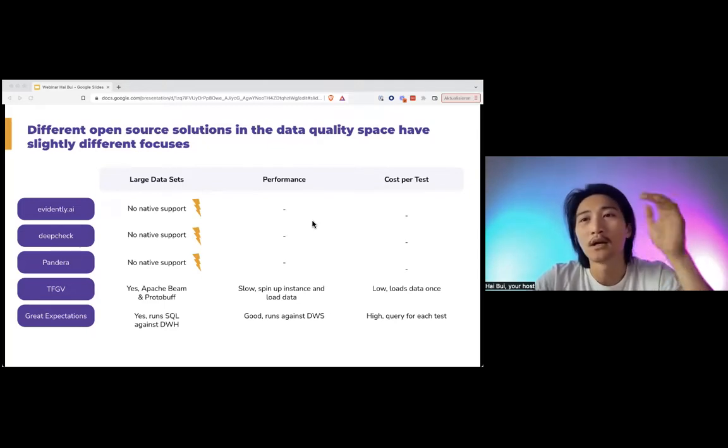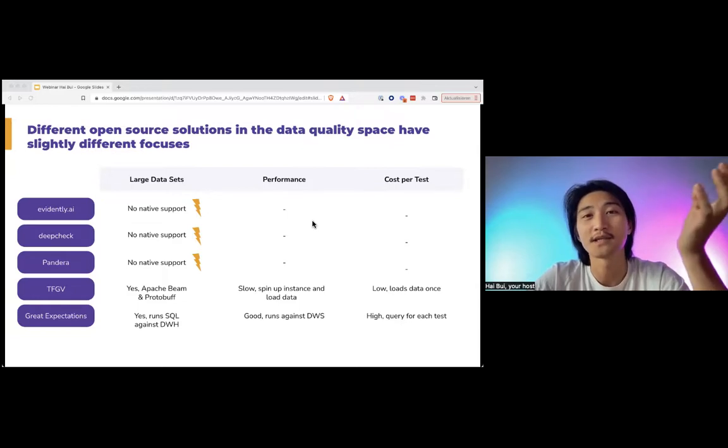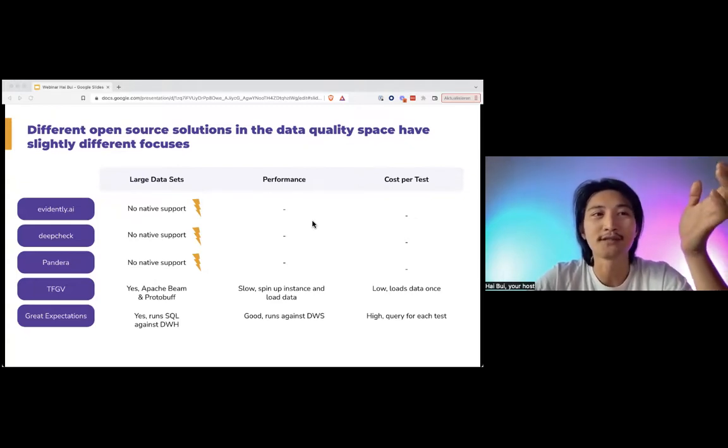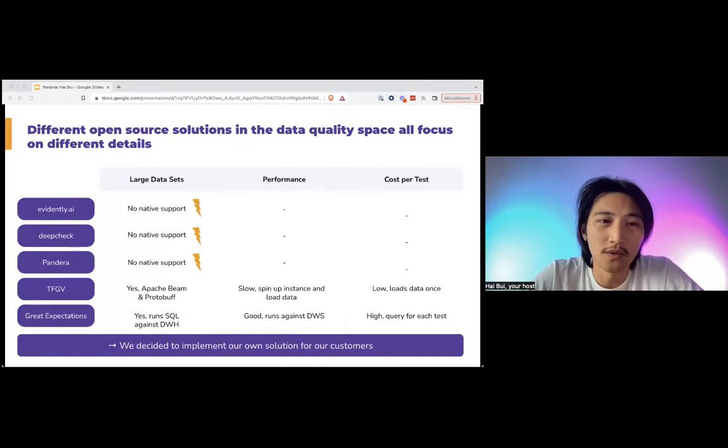So basically, you're running 5 queries for each column. So your cost for running your tests would be 4, 5, 6 times the cost of running the actual data transformation or your SQL query. I hope that was clear. So yeah, that was a big problem with Great Expectations. So that's why we decided that we will implement our own solution for our customers, a custom solution.